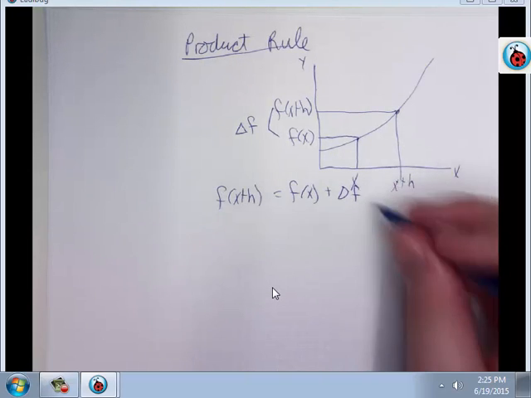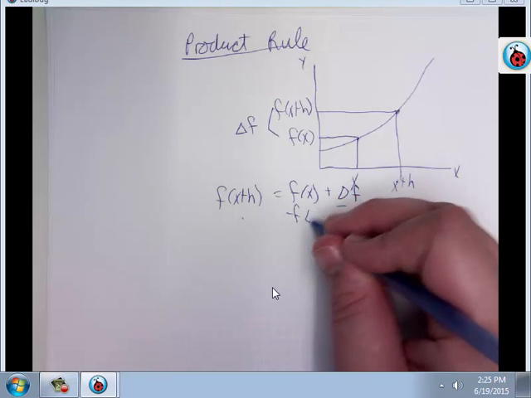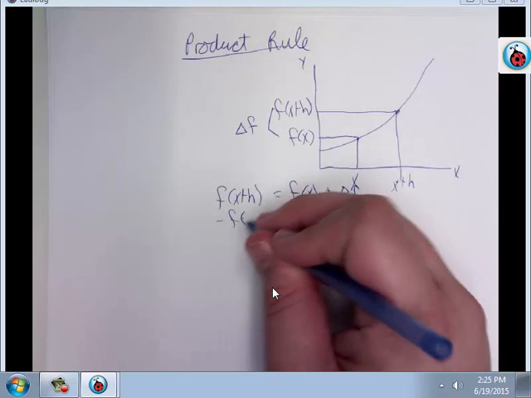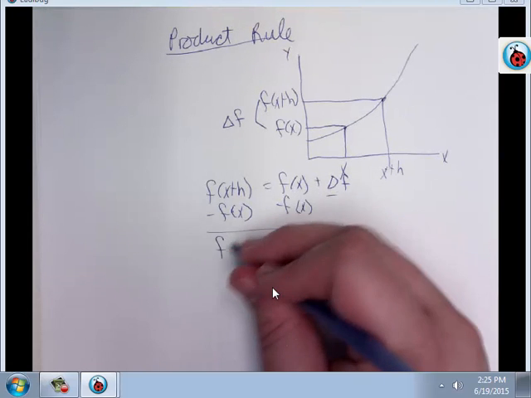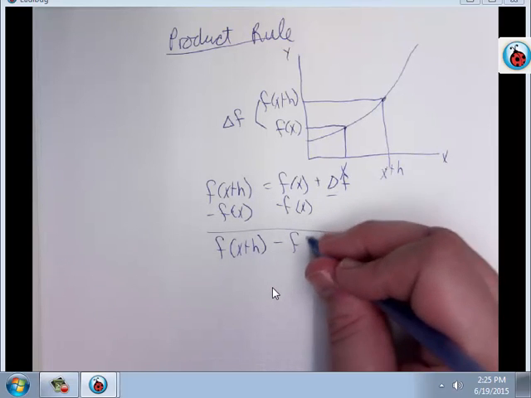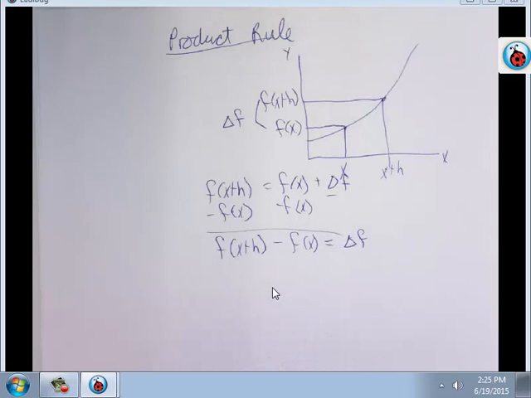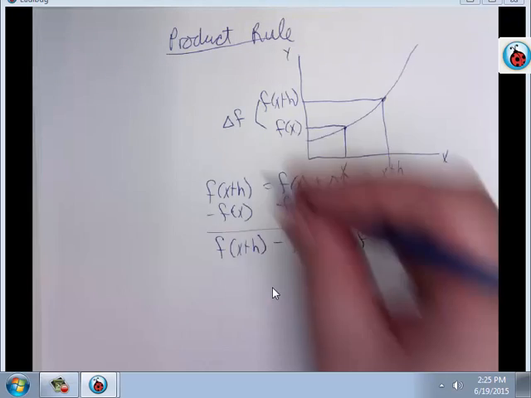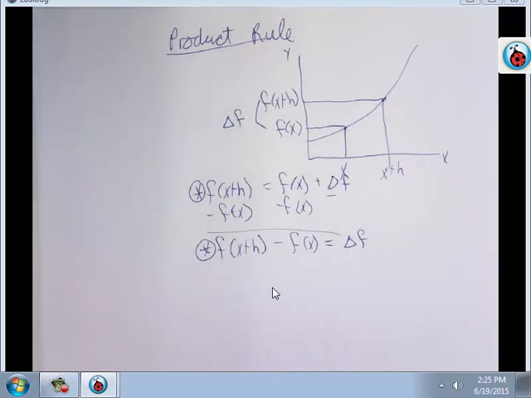And if we wanted to figure out what that change was, well, we subtract f of x from both sides. So it starts to look a little bit like our derivative rule. And f of x plus h minus f of x equals delta f. Alright, so keep this and this in the back of your minds for what's about to come.